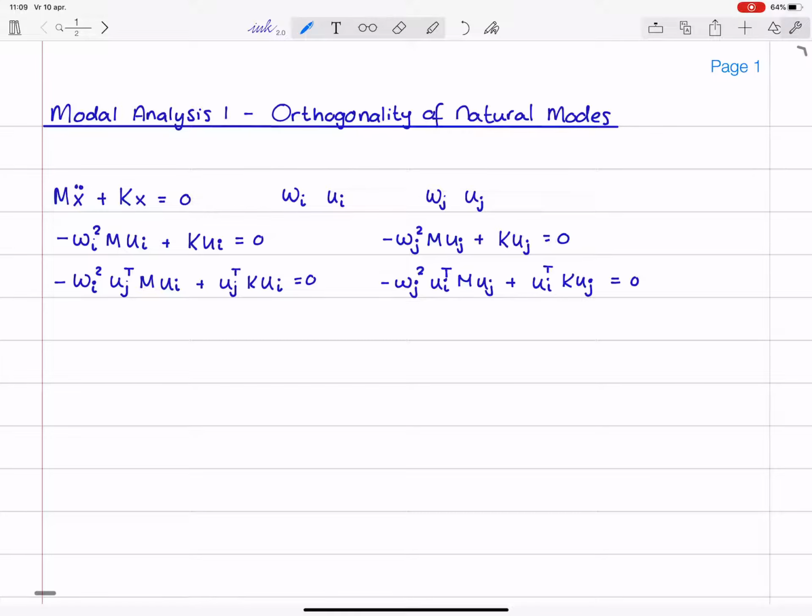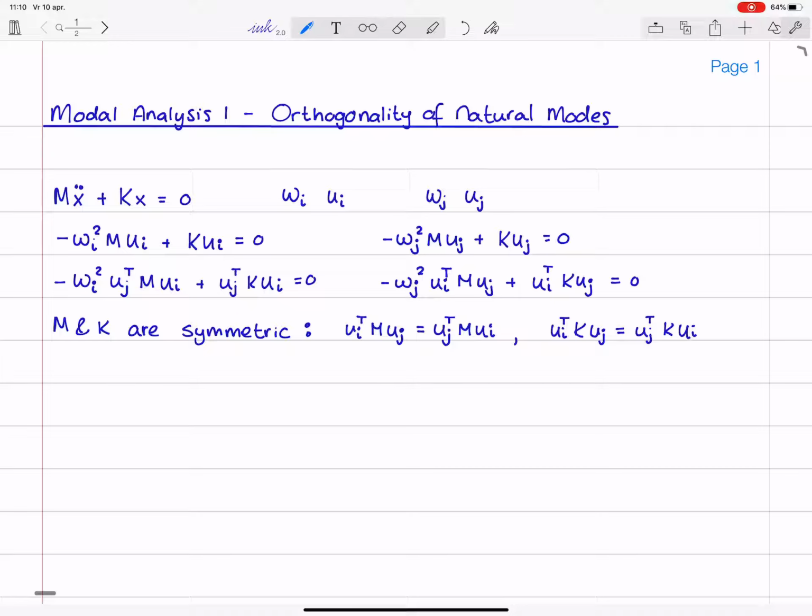Okay. Now, for the next manipulation, I need to establish that M and K are symmetric matrices. And I will use that here, because for any symmetric matrix, it holds that u_i transposed M u_j is exactly the same scalar as u_j transposed M u_i. And also that u_i transposed K u_j is the same as u_j transposed K u_i.